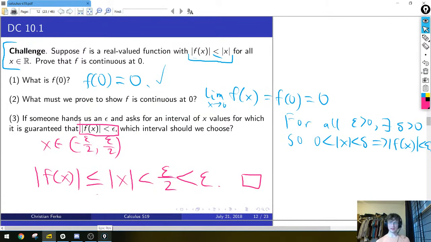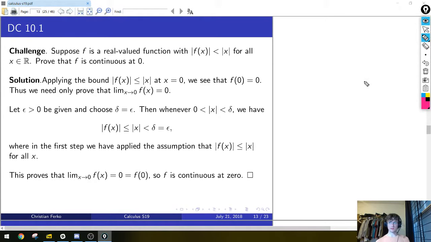Well, let me write the solution more carefully. Mine uses epsilon rather than epsilon over 2, but that's fine. So the first step was showing that f of 0 must be 0, that the absolute value of f of 0 must be at most 0, which only allows one thing. So then we have to prove that the limit as x goes to 0 of f of x is 0. And as you say, suppose someone hands me an epsilon, let epsilon greater than 0 be given.